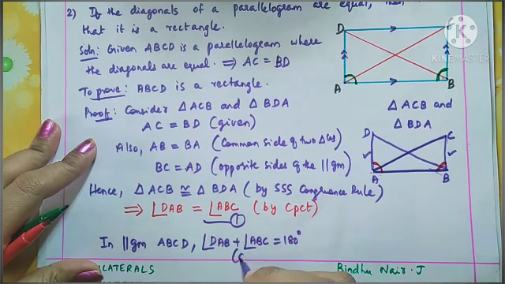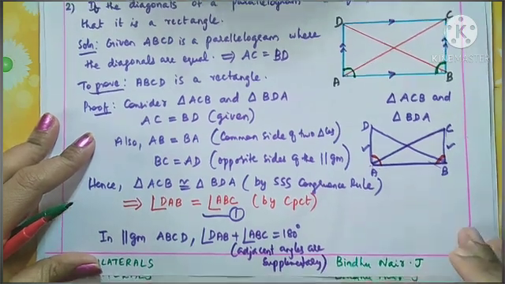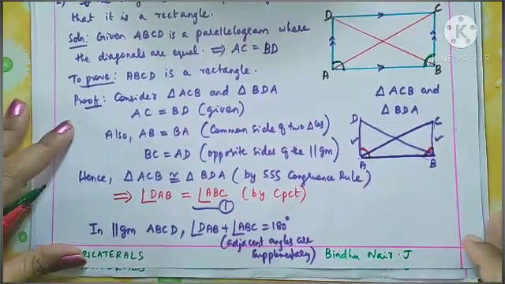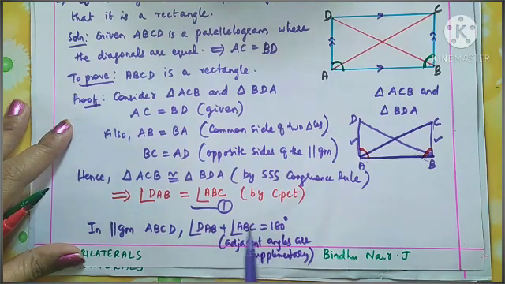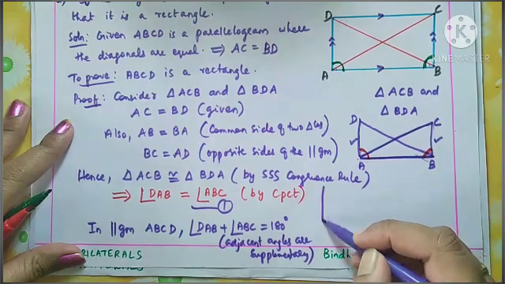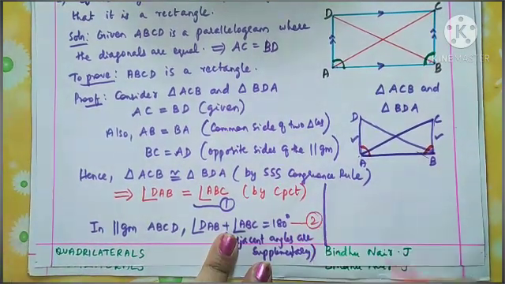Okay, why? What is the reason? Adjacent angles are supplementary. Okay, so by that property we got these two angles sum is 180 degree. So when these two angles sum is 180 degree, yes, now let it be equation 2.